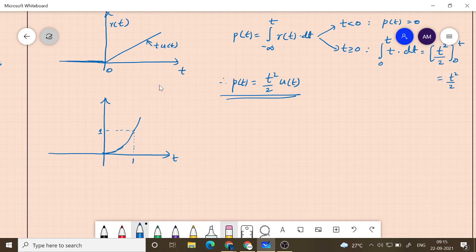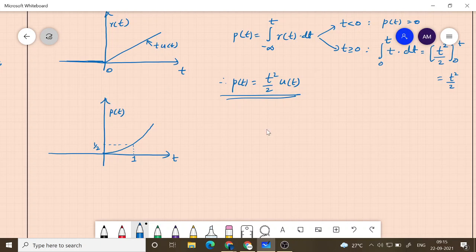My earlier drawing was better. Alright, so this is 1 and you have half. So this is my p of t, the unit parabolic function.